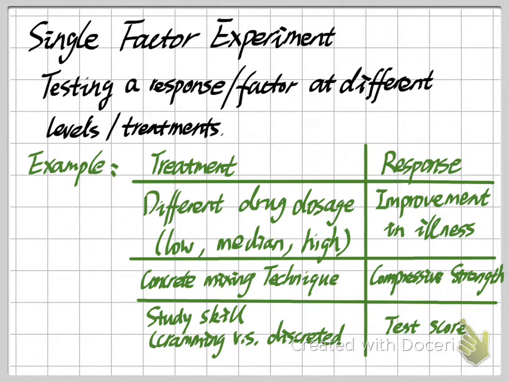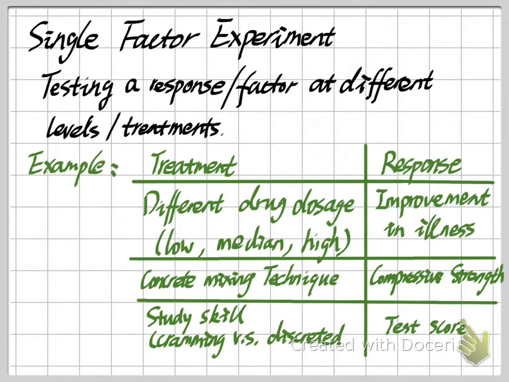This is one factor, and then we will have three levels. This means we use a low, medium or high dosage of this drug. And then the response or the result we want to check is the illness, like whether the patient becomes better or not.